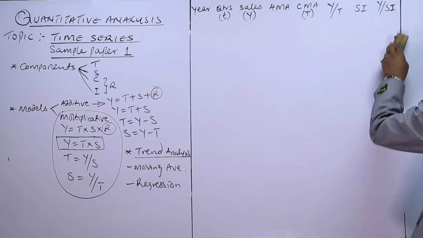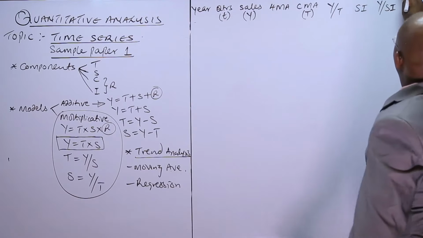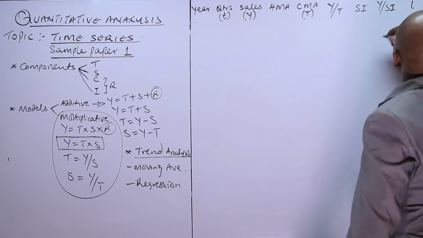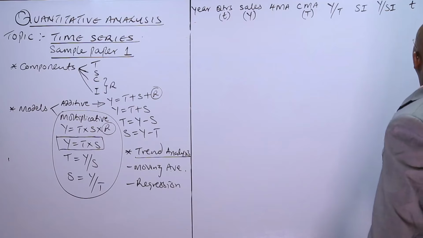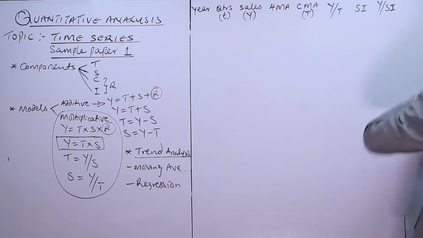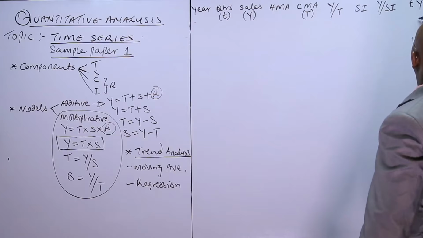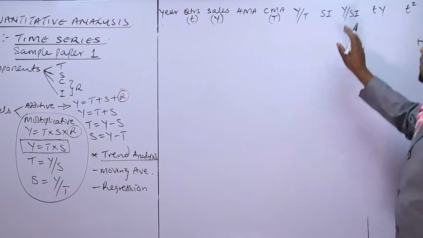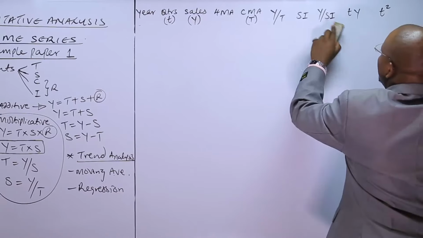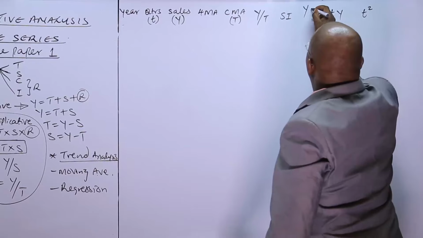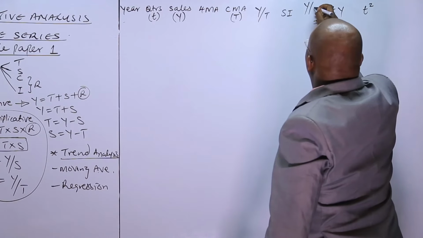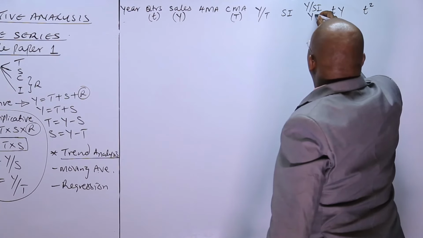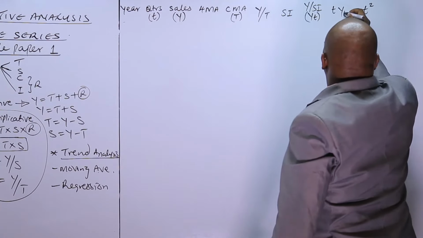Then from there we have T squared, and TY, using the deseasonalized Y, so Y over SI, times T. So that way.